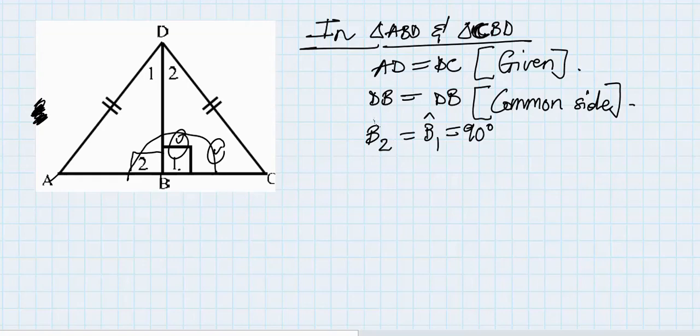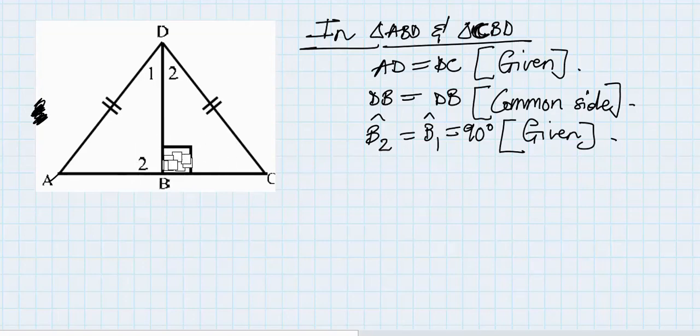B1 is equal to B2, right? And how do I know that? It was given. This symbol of perpendicular is giving me that angles are 90 degrees. So if the angle here is 90, it means also here it's 90. So it was given to me that the two angles are equal, right?